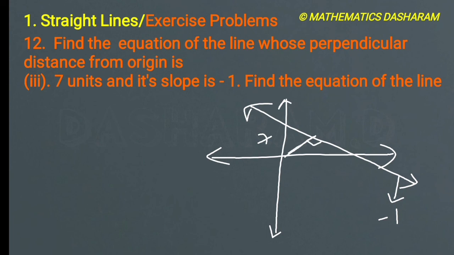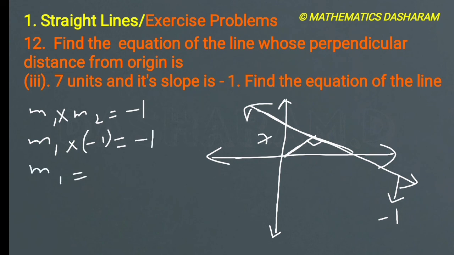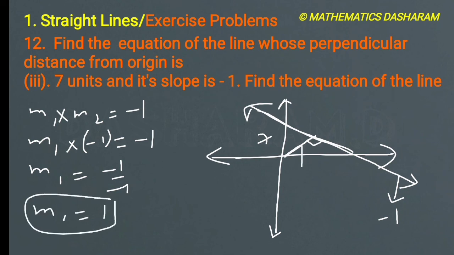See here, this perpendicular and this line are perpendicular to each other, then m1 into m2 equals minus 1, the product of the two slopes equals minus 1. So m1 into m2 is minus 1 because one line's slope is given, that is minus 1. So then m1 equals minus 1 divided by minus 1, m1 equals 1. So the slope of this line is 1.